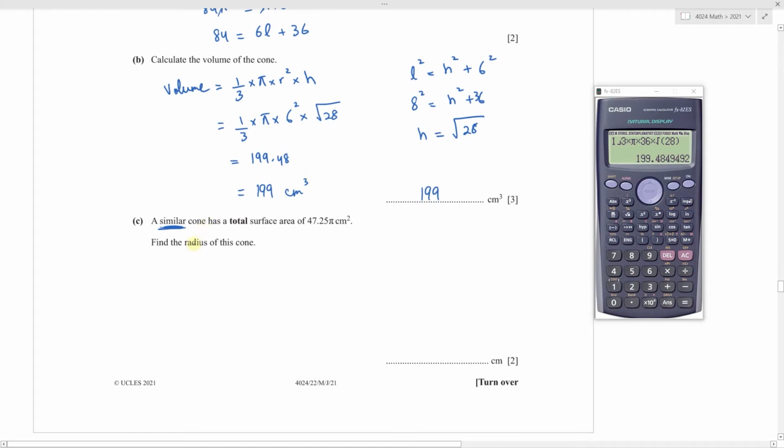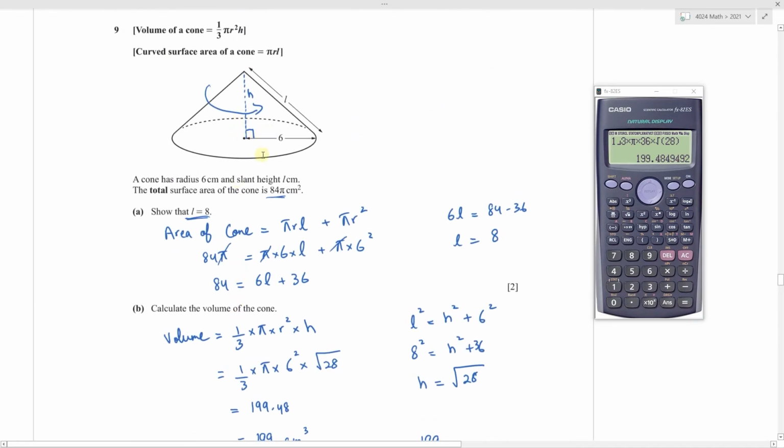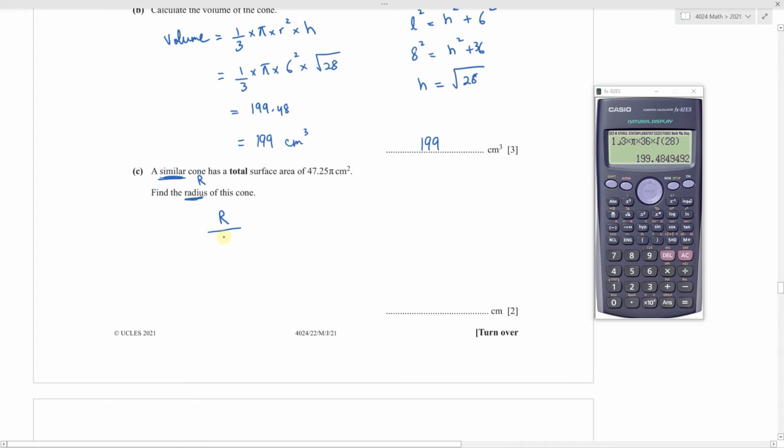But since we have to find the radius, let's call this radius capital R of this new cone. So the radius of the new cone R divided by the radius of the given cone, which is 6.